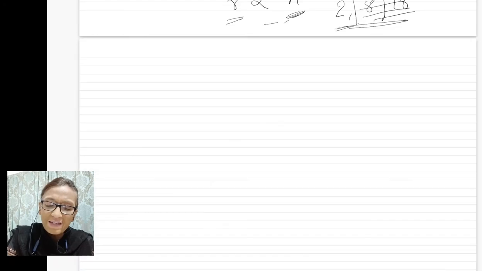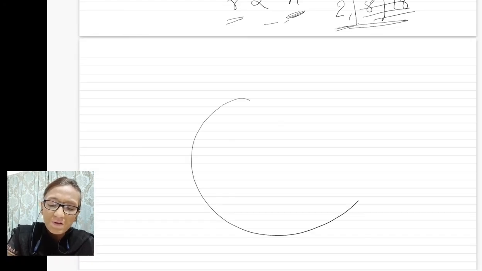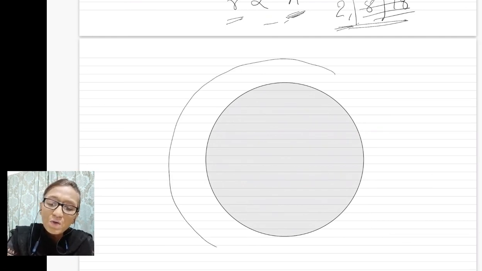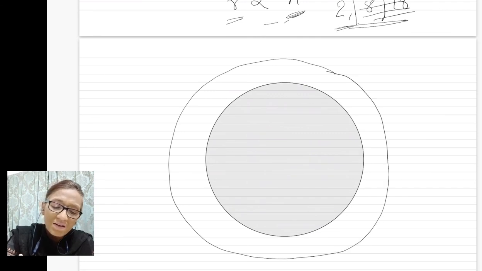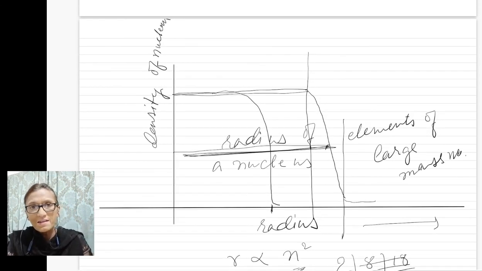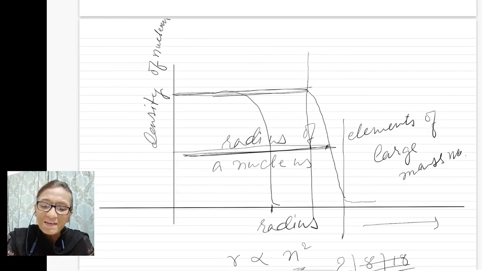So you will find that if you have a nucleus, then in the nucleus you will have a skin effect. You will have a dense nucleus inside. Here you have dense nucleus up to this length.